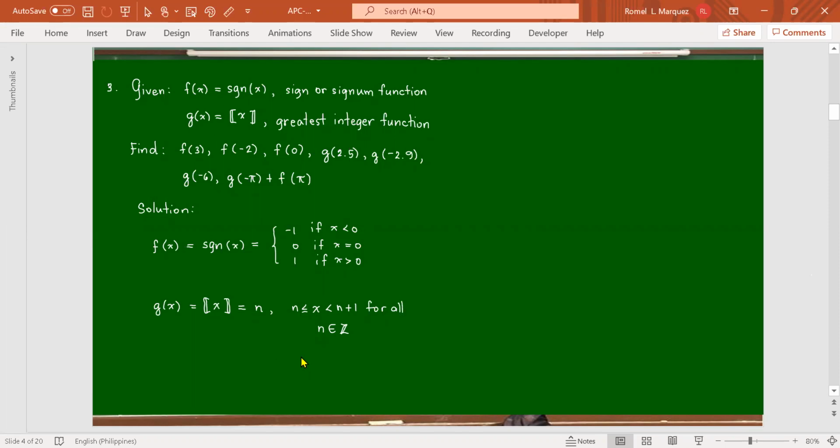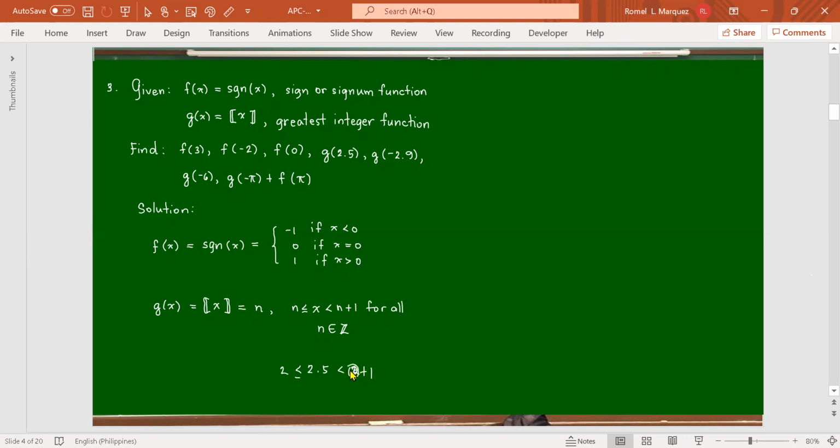What is that integer less than or equal to 2.5, such that if I add 1 to it, it will include 2.5? So 2.5 is in between 2 and 3, meaning 2 plus 1.